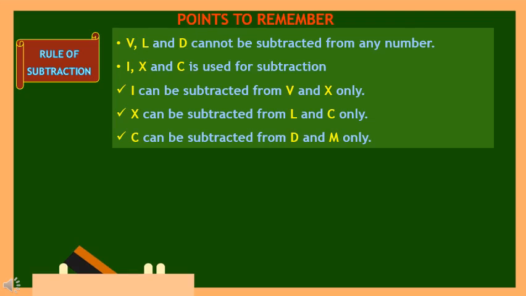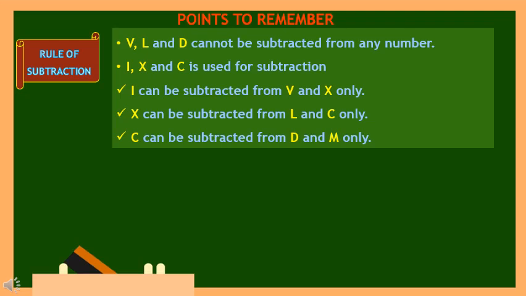I can be subtracted from V and X only. X can be subtracted only from L and C. And C can be subtracted only from D and M. So these are the points that you need to remember while writing a Roman numeral.